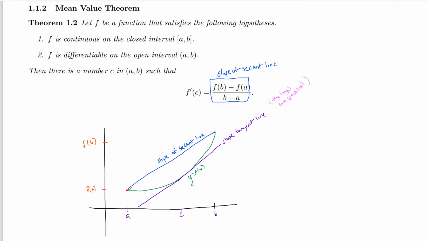So let's say after 1 hour, you're 10 miles away. And at b, let's say 2 hours, you're 30 miles away. Well, in that hour, you went 20 miles further, but you could have gotten farther away and come back. What the mean value theorem is saying is that at some point, you were going 20 miles per hour, even though you never looked at your speedometer.